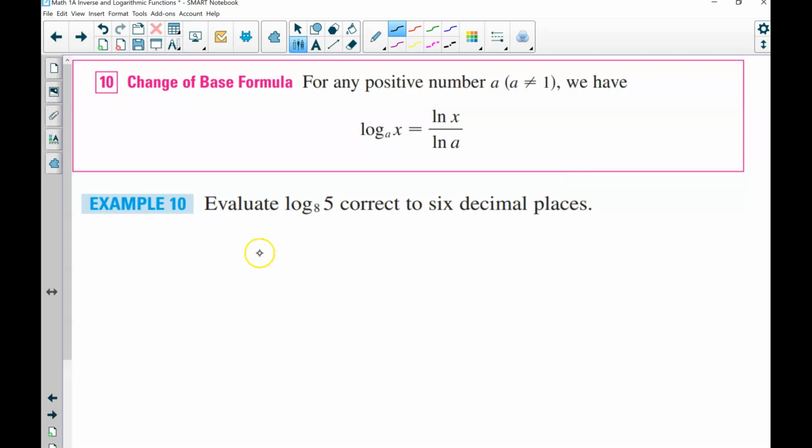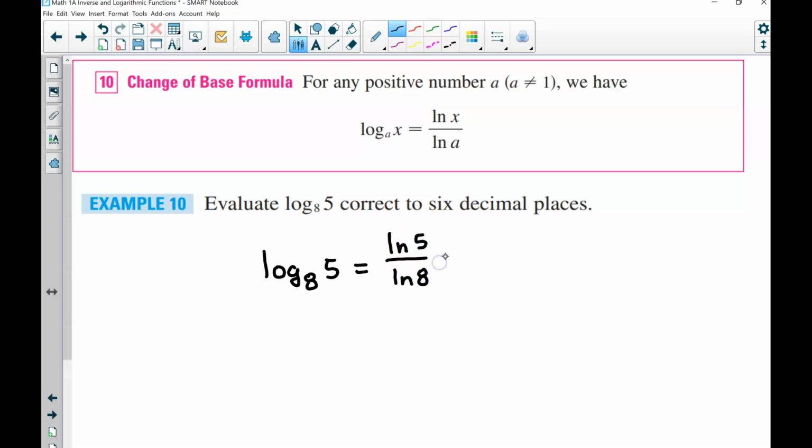Using that formula, a represents 8 and x represents 5. So log base 8 of 5 is equal to the natural log of 5 divided by the natural log of 8.